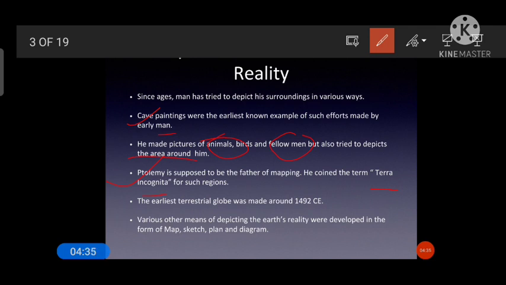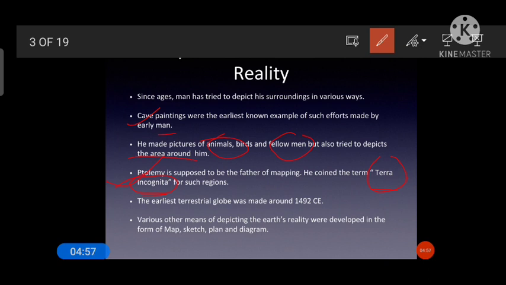Such type of land is known as terra incognita. So terra incognita is a term coined by Ptolemy for such regions which are still not yet discovered, although it is not mentioned here.